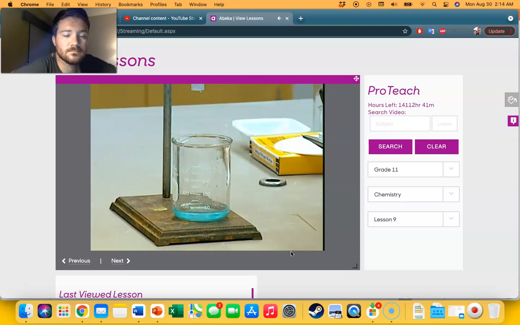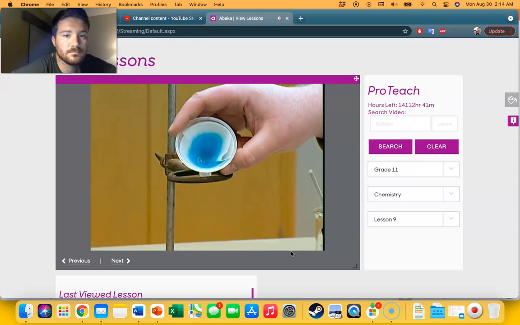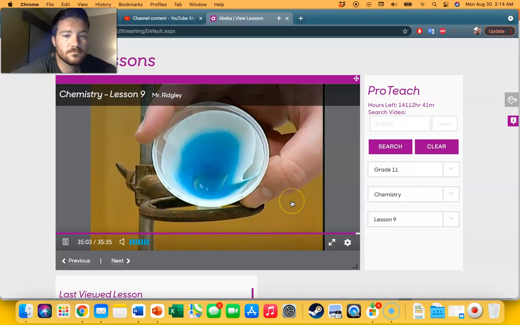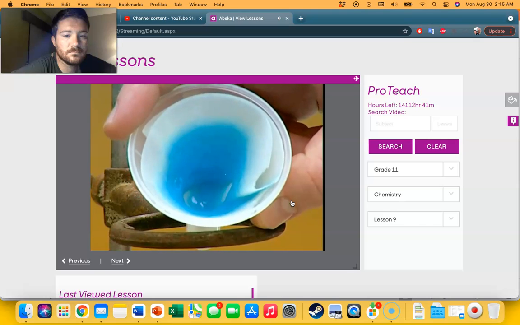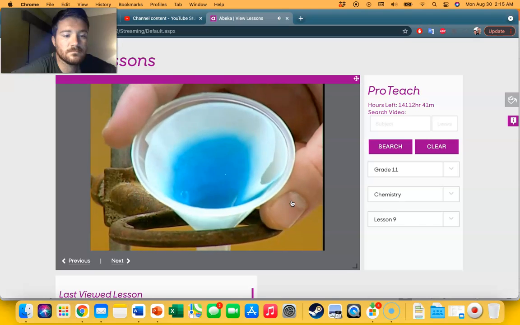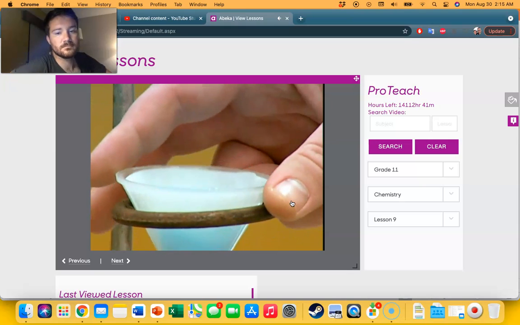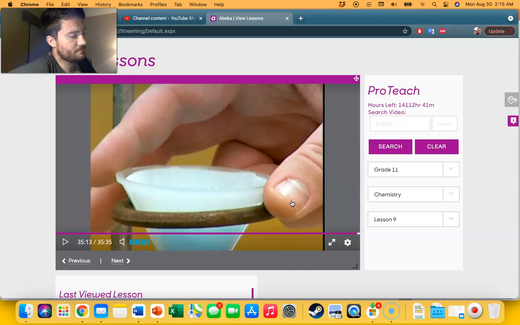But I want to show you inside the filter, and you'll notice here this blue precipitate, this blue residue. That is a solid material. That is copper hydroxide solid there. And so that is the blue residue, or the precipitate that is left over from our filtering process. Well, there you have it. You have the first chemical reaction, unfortunately, virtually in this class.